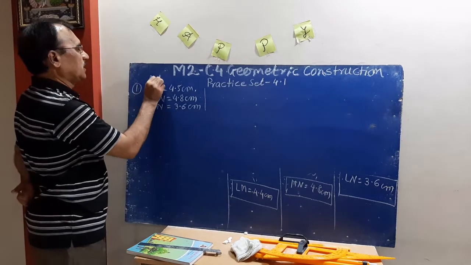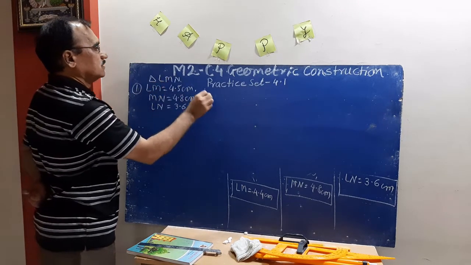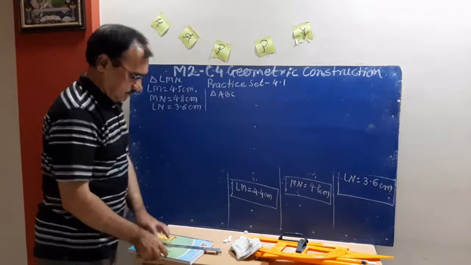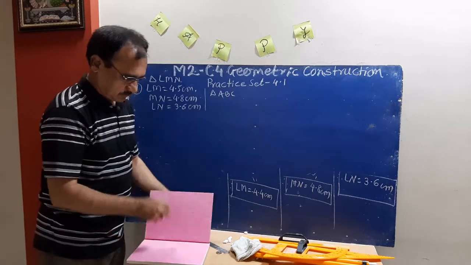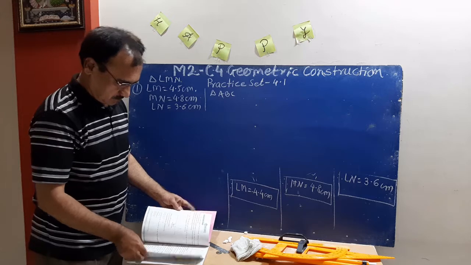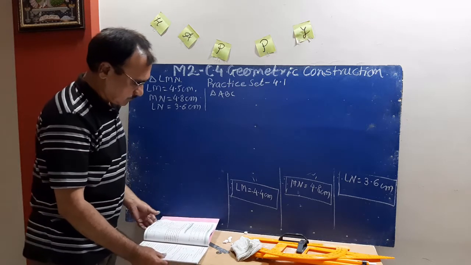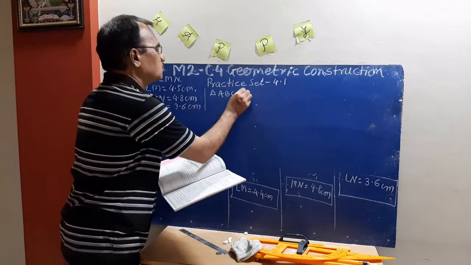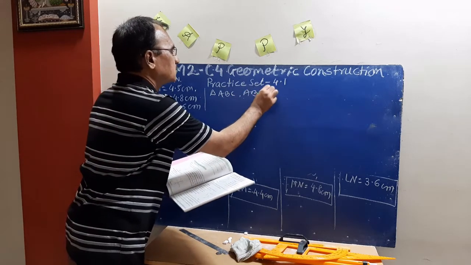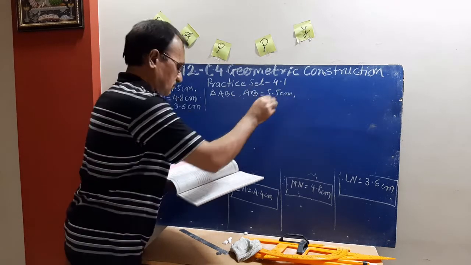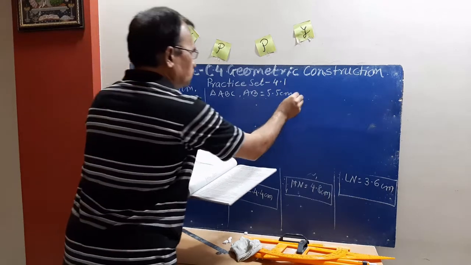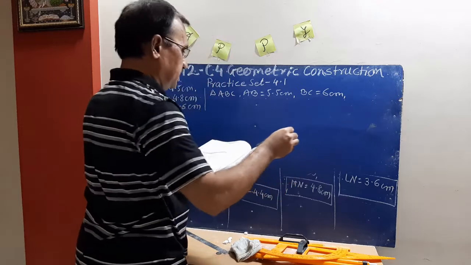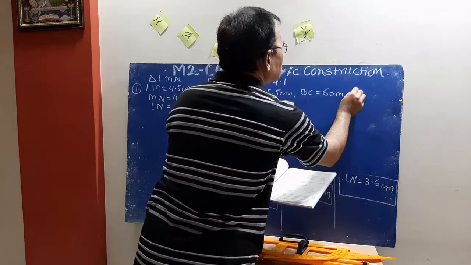This is for triangle LMN, and for triangle ABC, AB is equal to 5.5, BC is equal to 6, and CA is equal to 4.5.